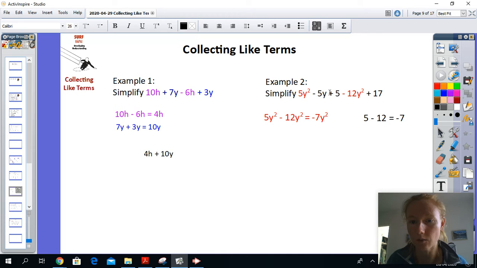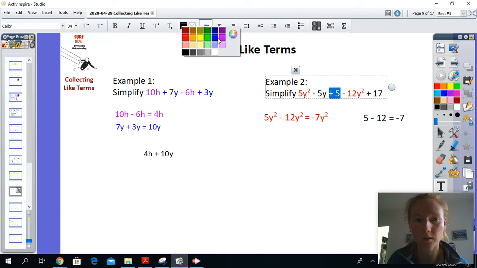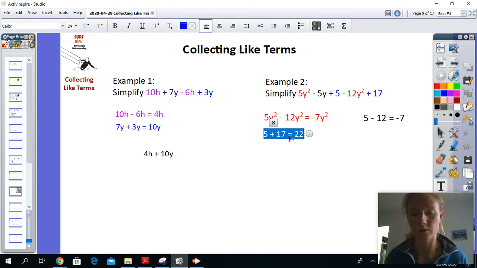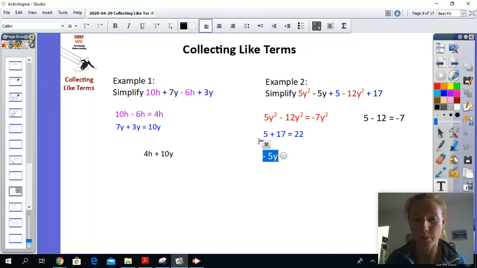Okay. Then we have some more like terms up here. We have some numbers, plus 5 and plus 17. 5 plus 17 gives us 22. So we've also collected some more like terms there. And then we also have this minus 5y here, which doesn't have any like terms, but we're just going to write that there by itself.